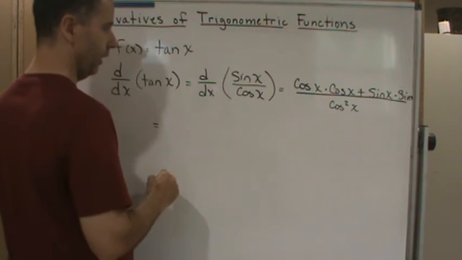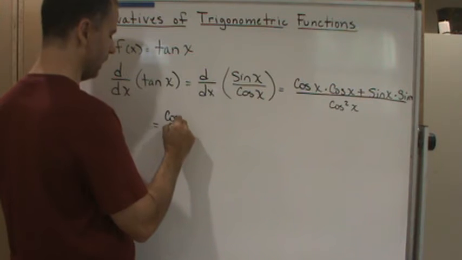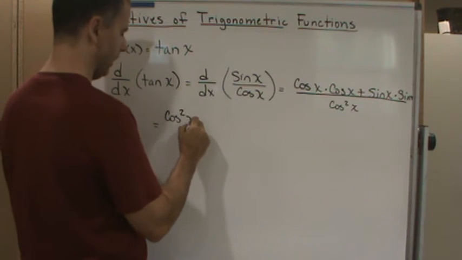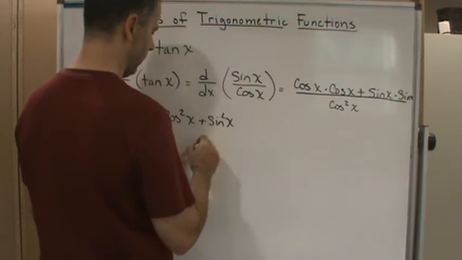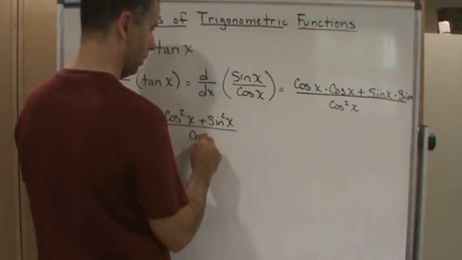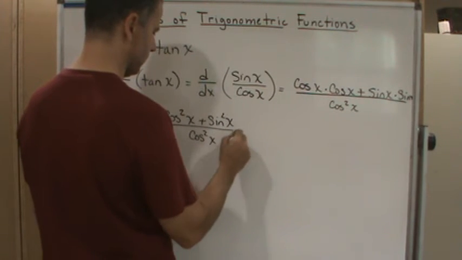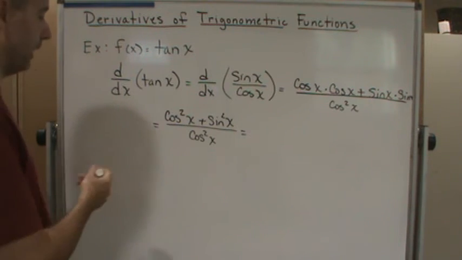Now, what happens? Well, now things are going to simplify very quickly. So we get cosine squared x plus sine squared x over cosine squared x. What happens to the top? That's the Pythagorean identity.